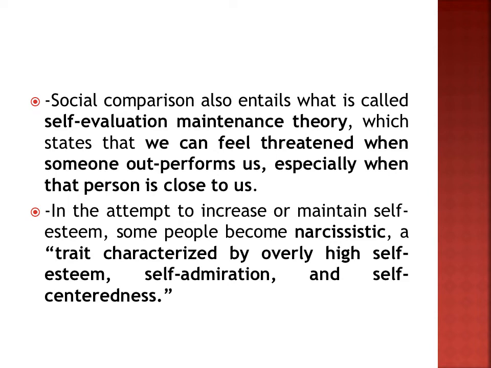For example, Anna and Angela are friends. Anna performs better in school. Because they are close, Angela feels threatened by her. She feels that Anna will perform better than her and she needs to perform better so she can exceed Anna. Self-evaluation maintenance theory states that we tend to be threatened by those who are close to us. That is because of social comparison.